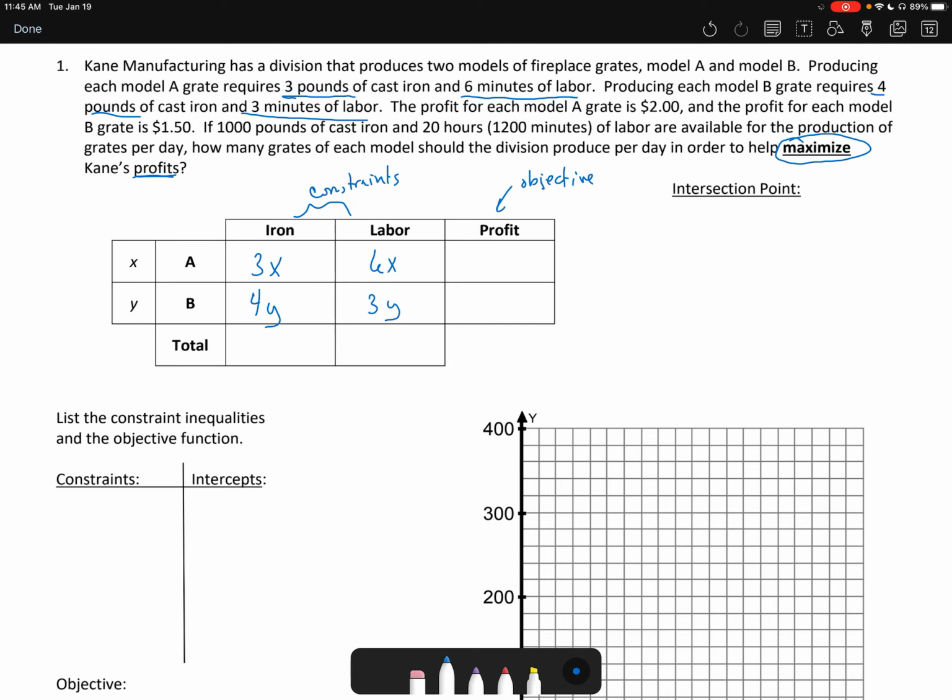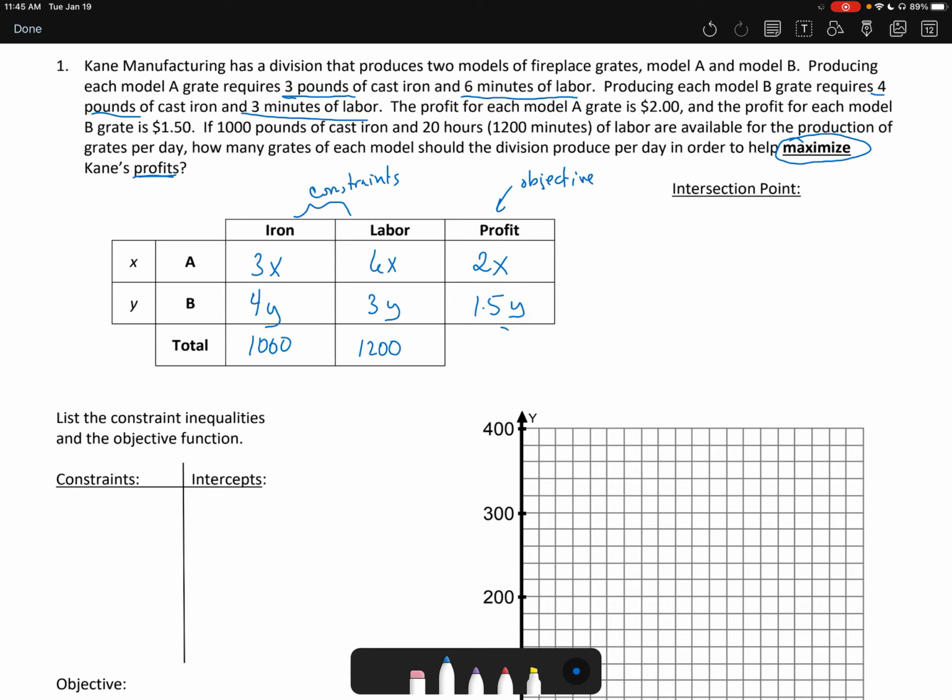And we have some totals. We know that there are 1,000 pounds of cast iron available, so the total for iron is 1,000. And the total of minutes of labor is 1,200. And then for profit, they make $2 for each model A grate, so $2 for each one of these, and $1.50 for each one of these.